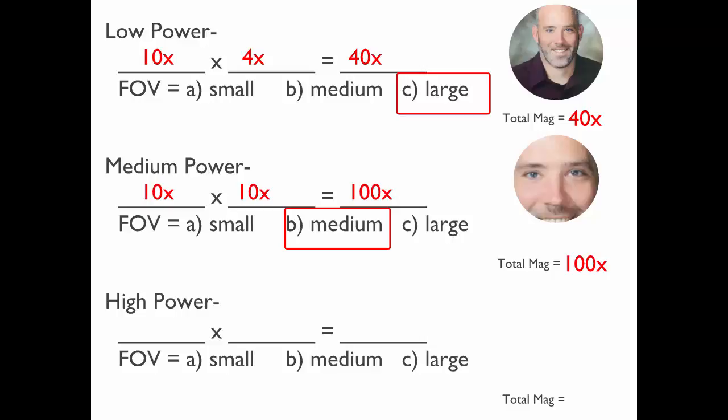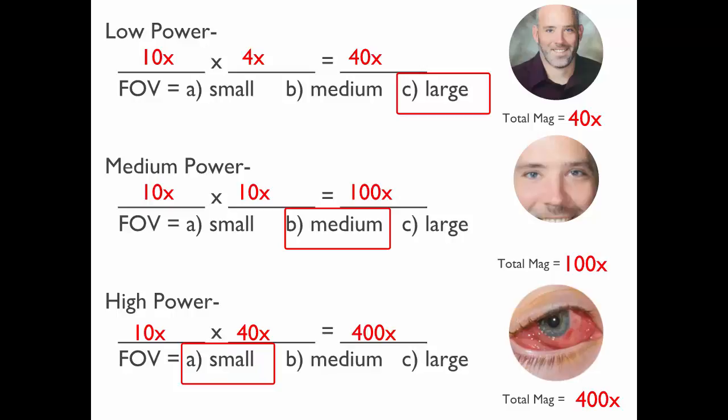If I want to subject myself to further torture and zoom in even closer on this organism, I move to high power. What's our high power objective? 40, for a total of 400. What kind of field of view would that give us? Very small. We're very zoomed in and we see only a small amount of this creature.